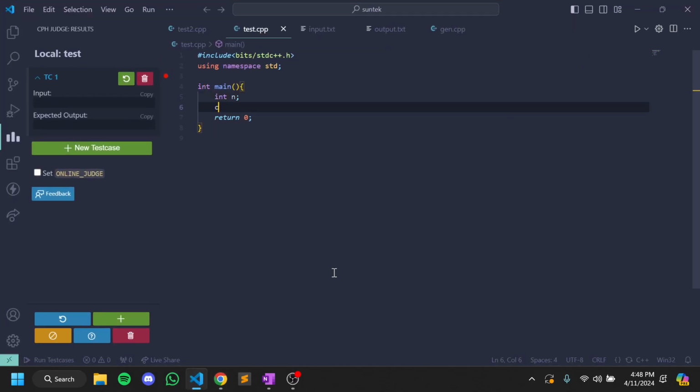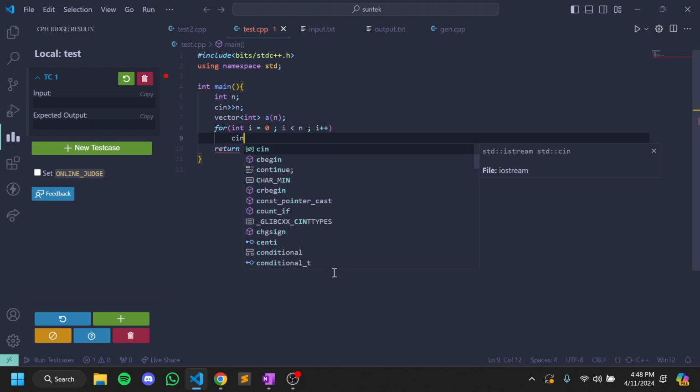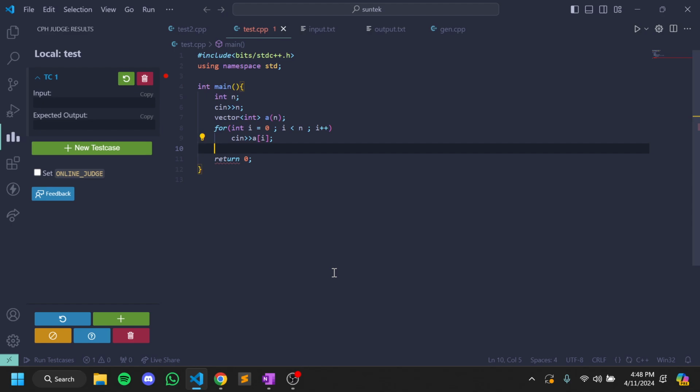Let's take the input, take up our array with a for loop, i plus plus, c in a of i, and we can just do all the things inside this loop only.